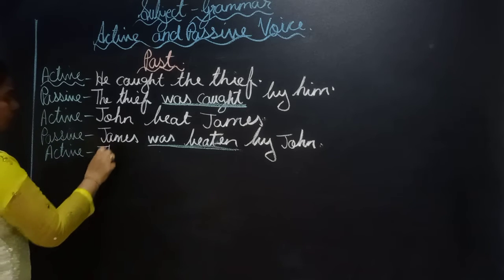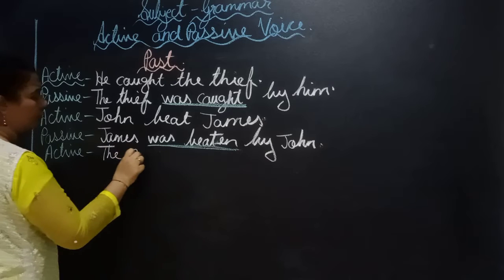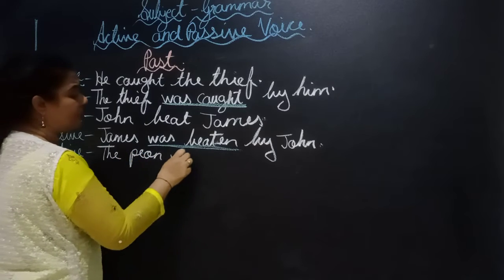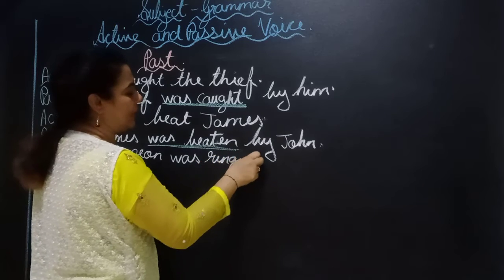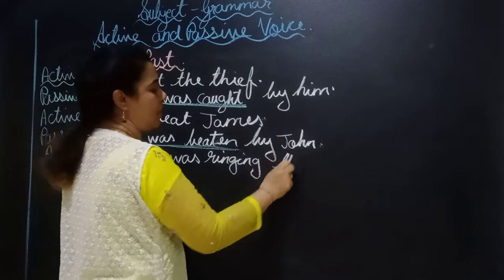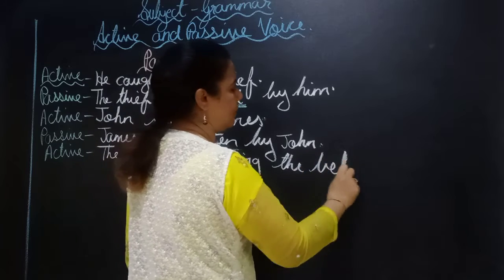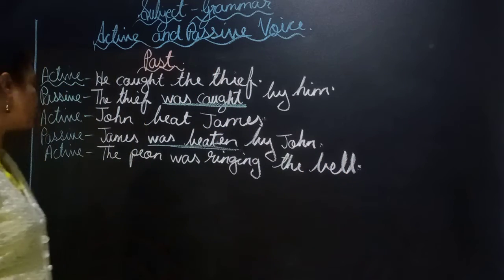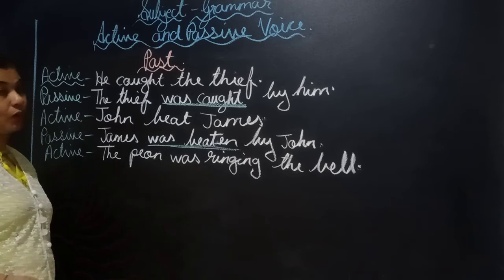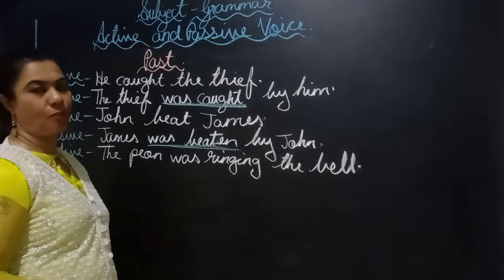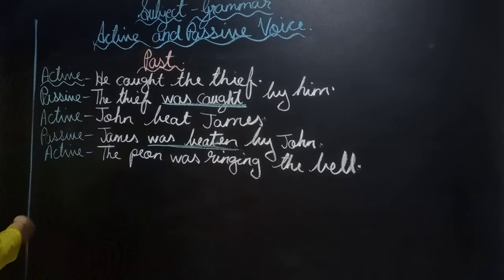Let me make it clear to you. The peon is my subject, was ringing is my verb, and the bell is my object. So let me make it now passive.